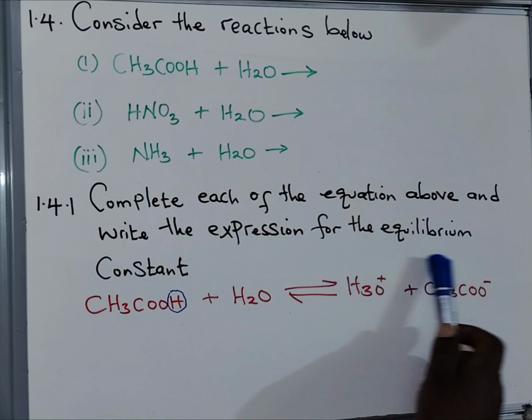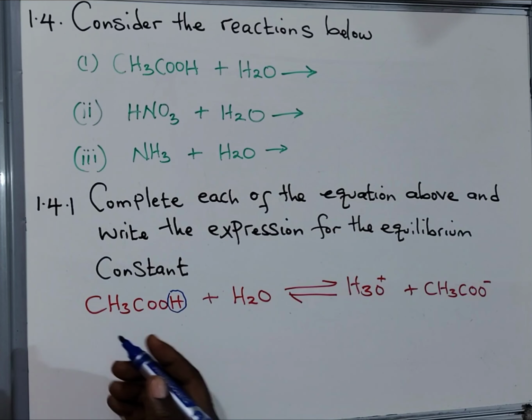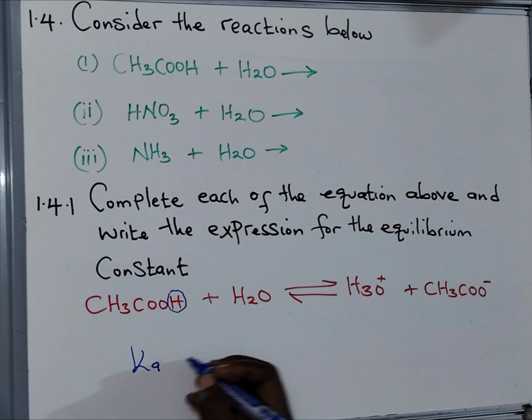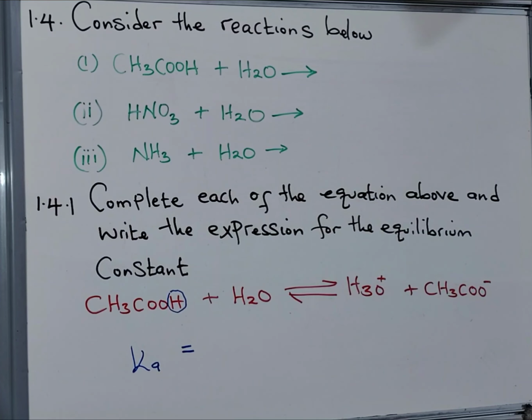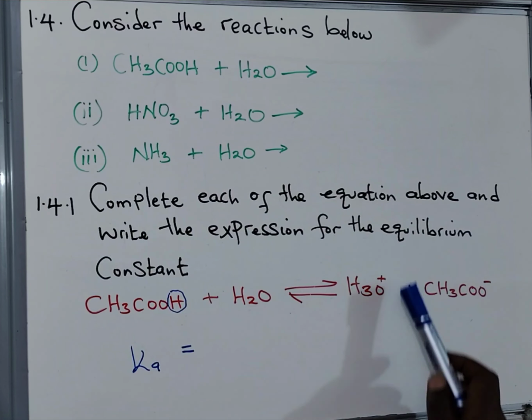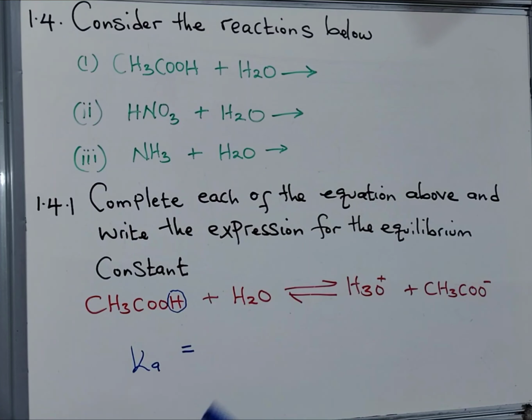Then the question said we write the expression of the equilibrium constant. You need to know that it's the acid which is ionizing. So what we are going to have is called Ka, the acid dissociation constant. And like we did with chemical equilibrium, the equilibrium constant or acid dissociation constant is the product of concentration of the products over the product of concentration of the reactants.